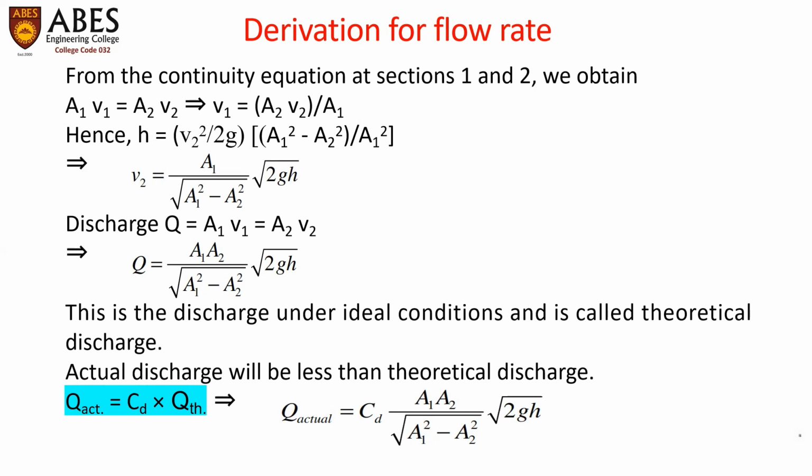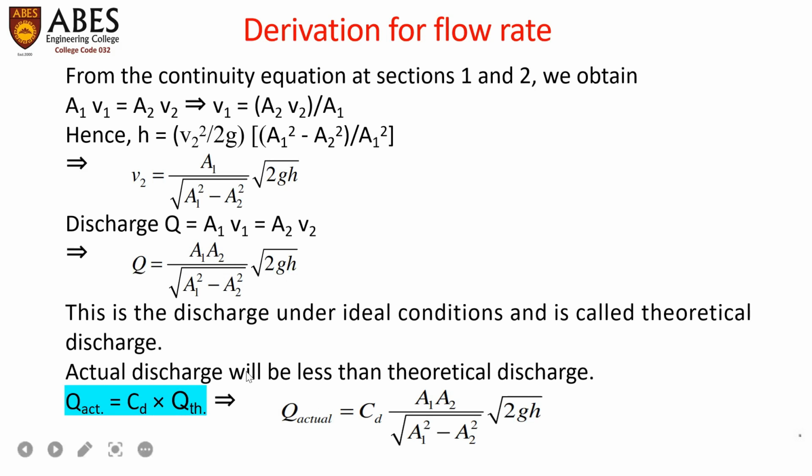But when we perform an experiment in the laboratory on the Venturimeter, the actual discharge is observed by a collecting tank. The flow rate can be observed by the filling of the tank, and we observe the reading in the piezometer, with the initial and final readings taken in a particular time interval.